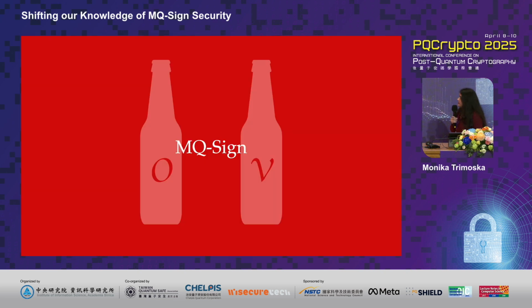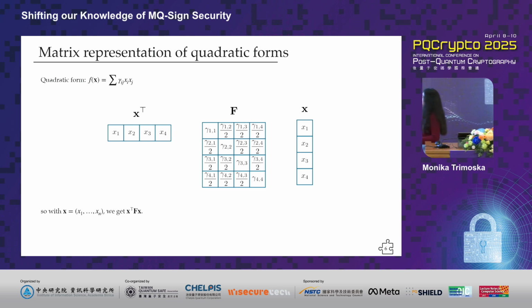Okay, so a bit more about MQ Sign. Well, first I need to tell you that I'm going to use the matrix representation of quadratic maps everywhere, right? So this is how you switch from, if you're used to looking at equations like this, then the representation of this equation in quadratic maps form, in matrix form, would be: you put all of the coefficients, let's say this gamma_ij, you put the half of that coefficient in the ijth entry in the matrix.